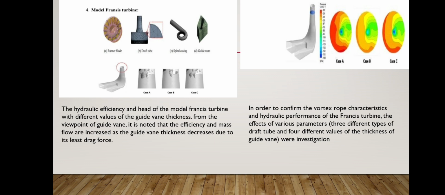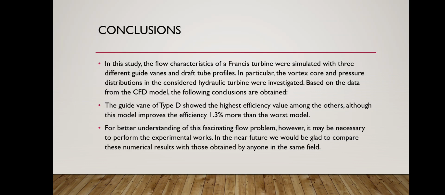So we have come to the conclusion that the efficiency and mass flow rate are increased as the guide vane thickness decreases due to the least drag force. So here the drag force is also making a huge impact and is playing a crucial role in this.